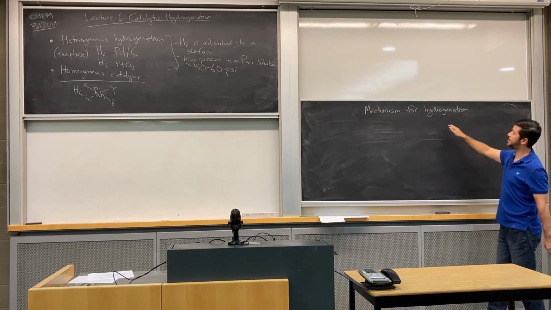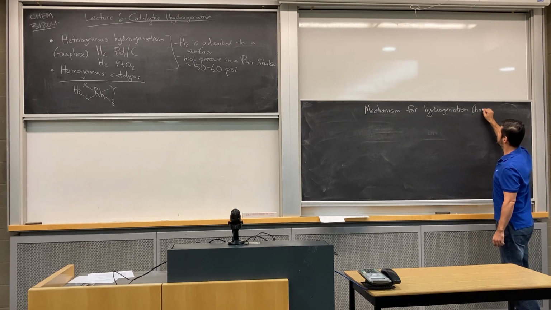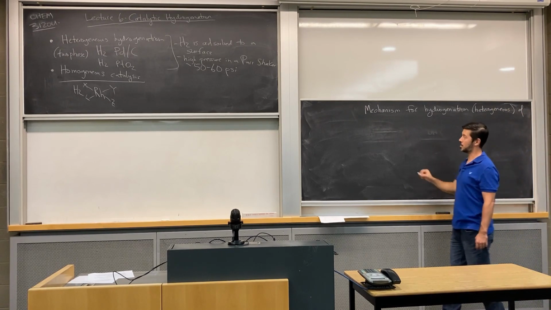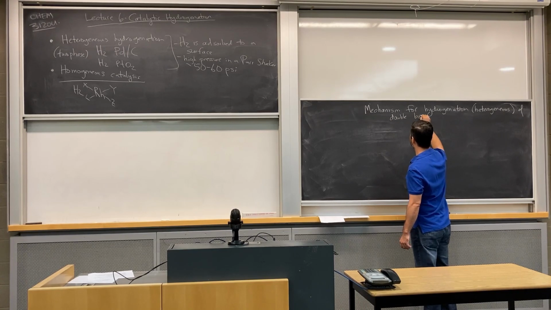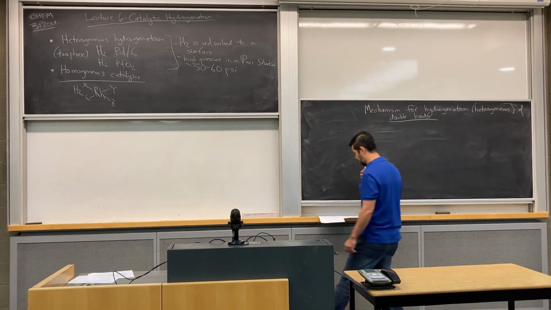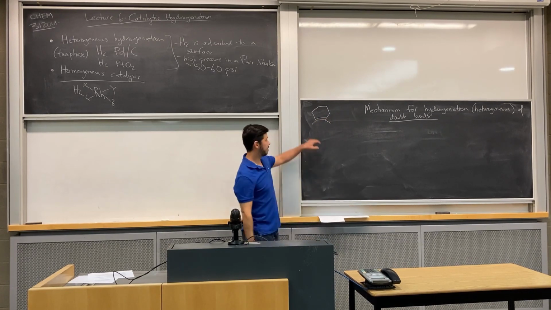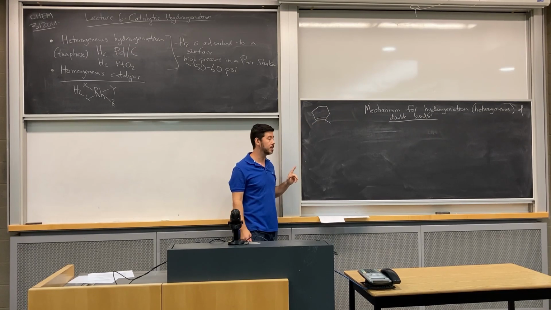Let's call this the mechanism for heterogeneous hydrogenation of double bonds. Specifically, we're going to look at this molecule here: this six-membered ring with two methyl groups and a single double bond.